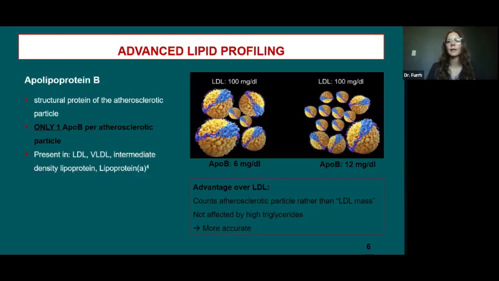So on the left, that patient basically has 6 little bullets flying around in their arteries, capable of causing harm. The patient on the right has 12 little bullets flying around and therefore has a higher cardiovascular risk. But in the more commonly used lab work, if you just assess the LDL level, you would not be able to differentiate between these two patients.